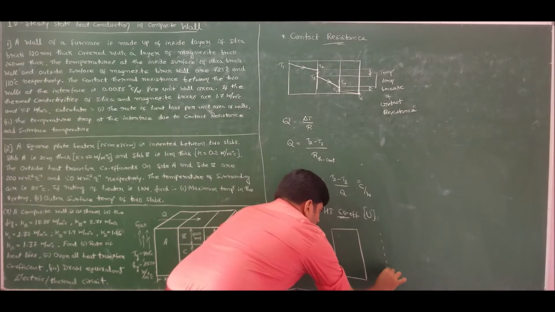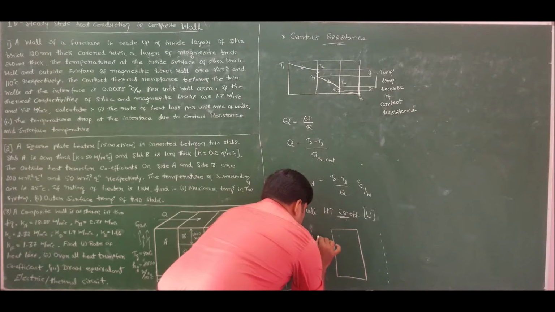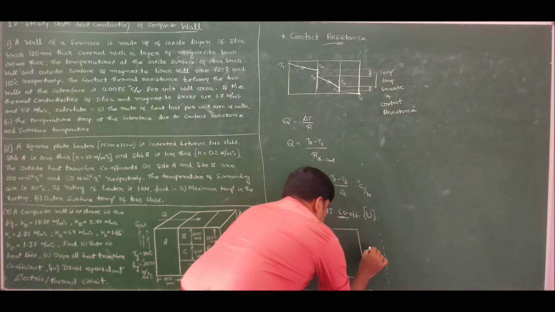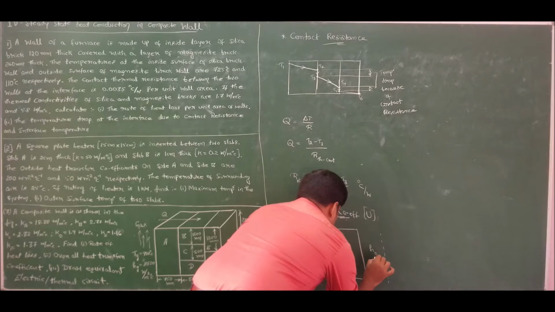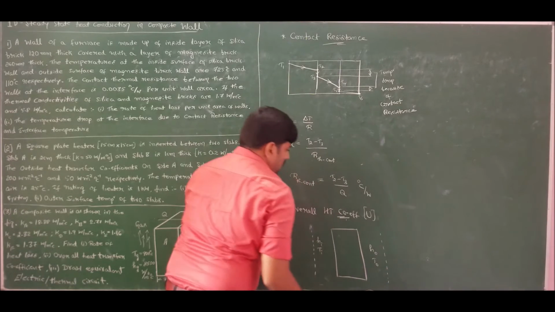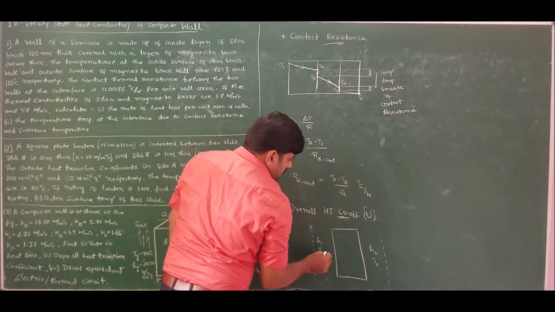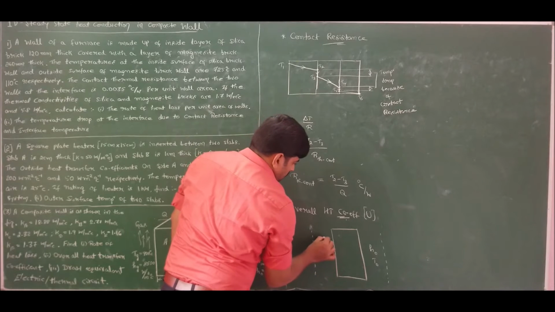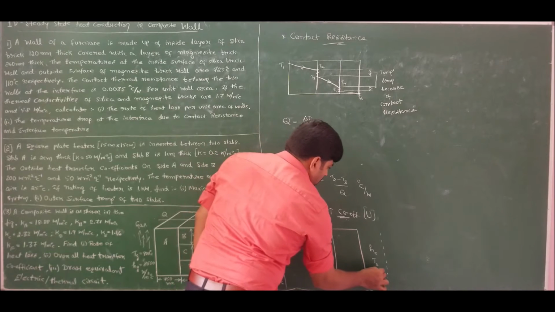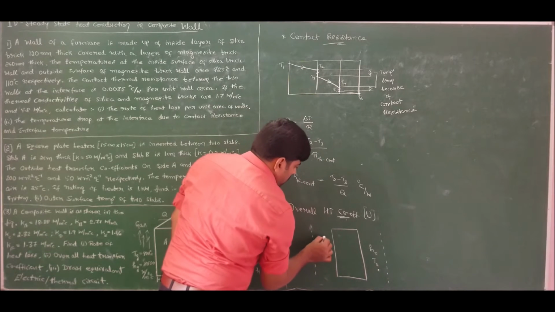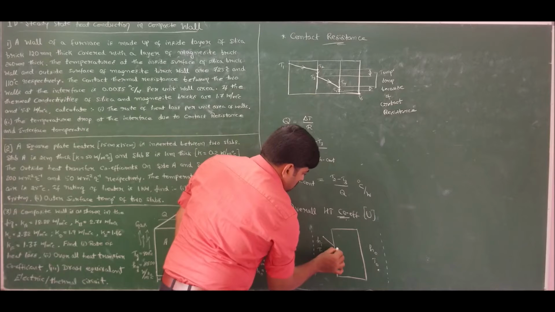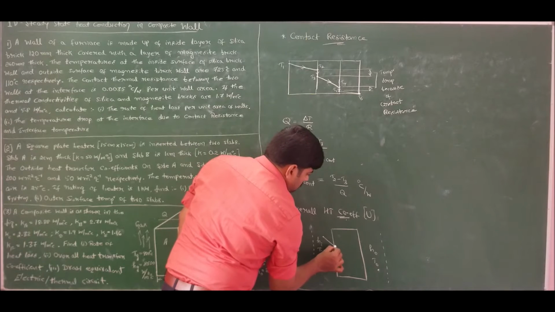Let the heat transfer coefficient of the hot fluid be Hi and its temperature be Ti, and the heat transfer coefficient of the cold fluid be H0 and its temperature be T0. The heat transfer will take place from the hot fluid to the cold fluid through the metal boundary.